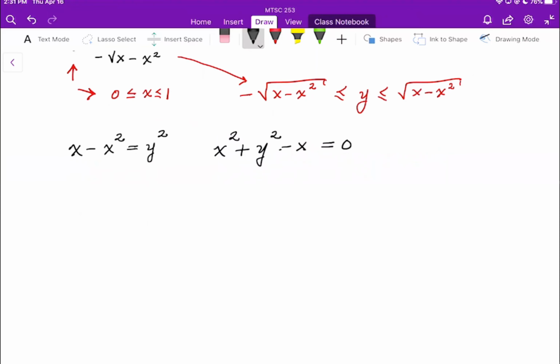Now when I complete the square, I get x minus a half, squared, plus y squared is equal to 1/4. Okay, so that lets me know that it's a circle of radius 1/2 centered at (1/2, 0).